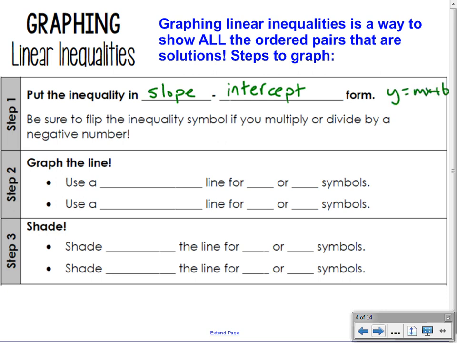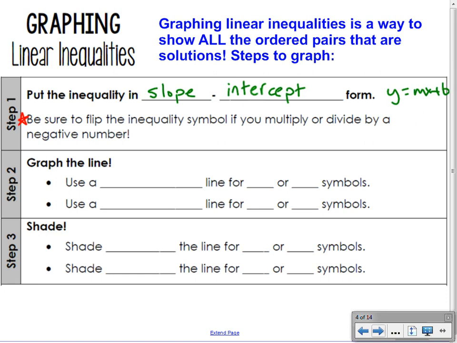And just like if we had a line, we would want it to be in slope-intercept form before we graph it. Same with our linear inequalities here. Now, something that you're going to have to keep in mind, and this takes us back to earlier in the year when we were talking about inequalities, if we ever multiply or divide by a negative number, we're going to have to flip our inequality symbol.